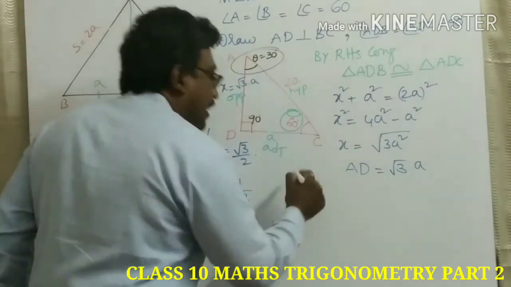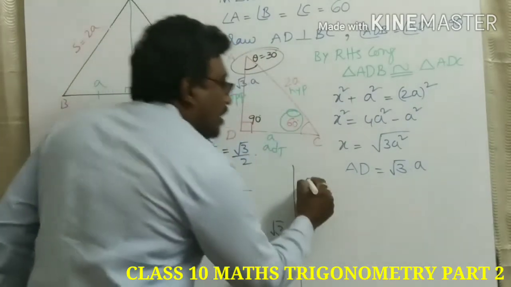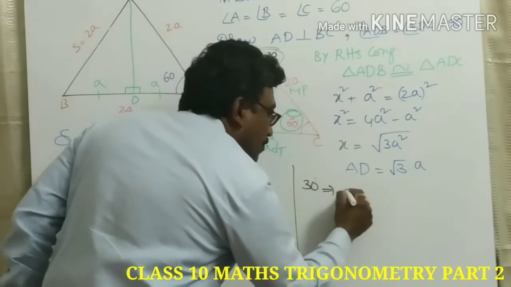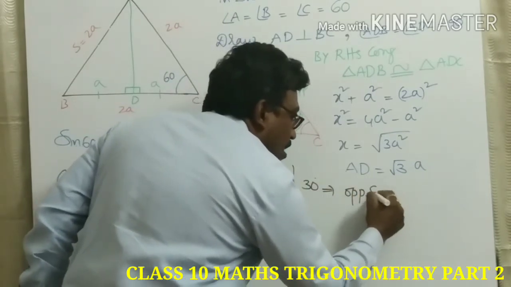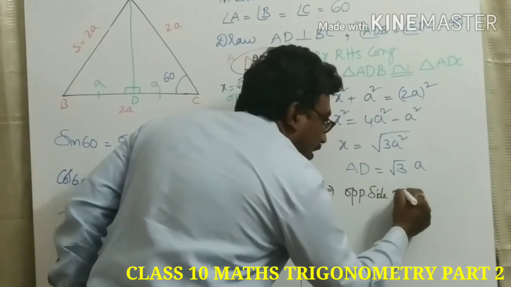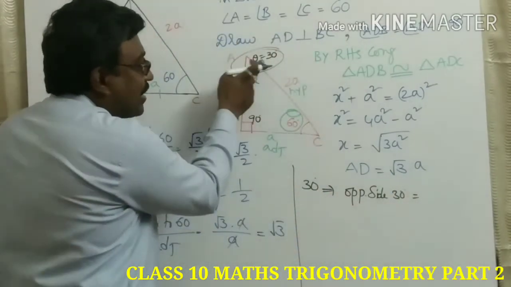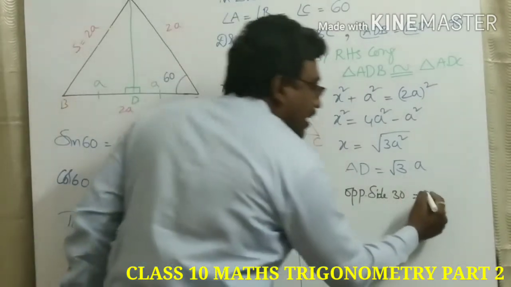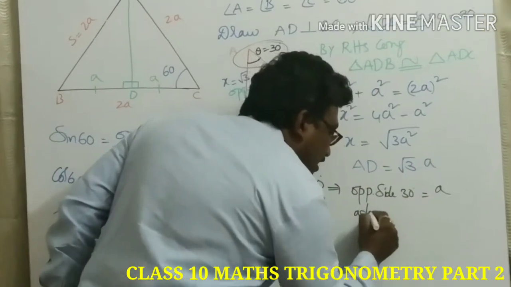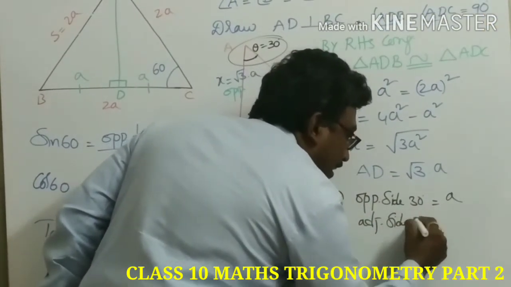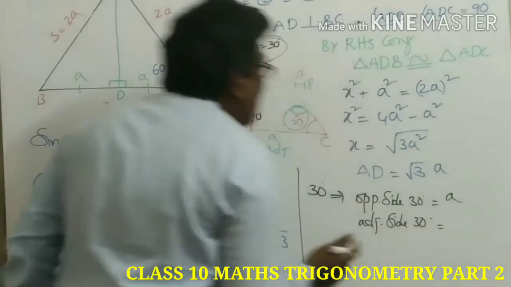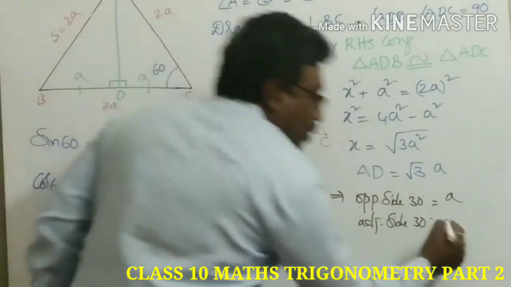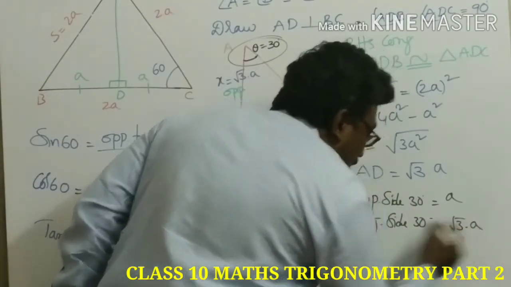With respect to 30 degrees, the opposite side to 30 degrees is a. The adjacent side to 30 degrees is root 3 times a.